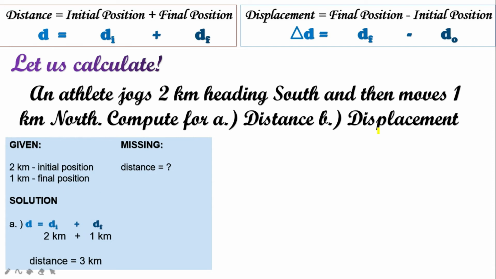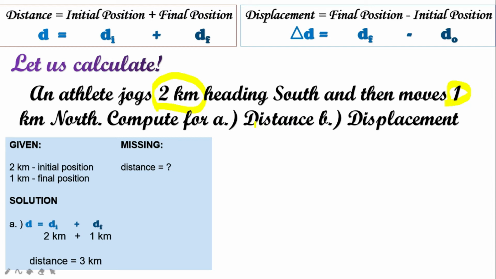All right, so first, of course, what you will do is to analyze the problem. So what are the given data? Here we have 2 kilometers, and this is the initial position, and of course we have here 1 kilometer, that is the final position.